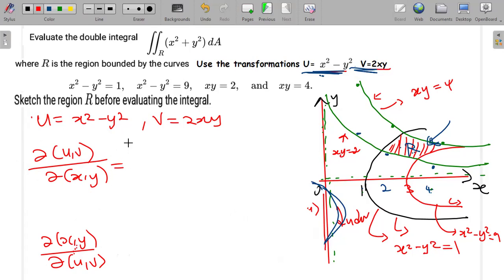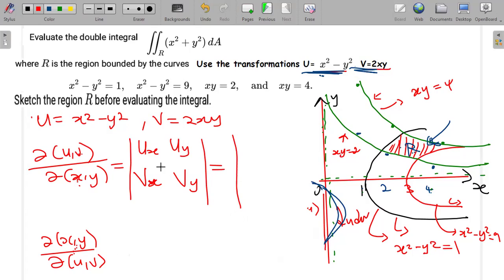So this Jacobian is equal to the matrix with partial of u with respect to x, which I write as ux, then uy, and then for v, partial of v with respect to x, and partial of v with respect to y. So partial of u with respect to x, I get 2x.